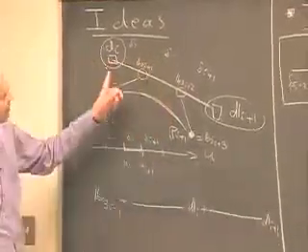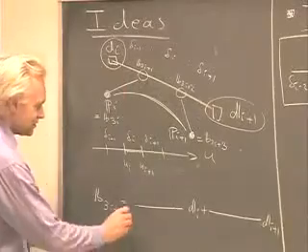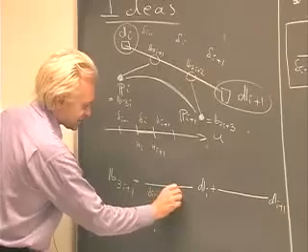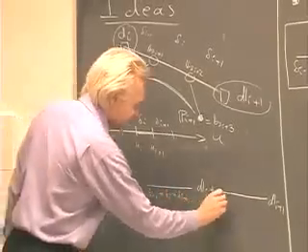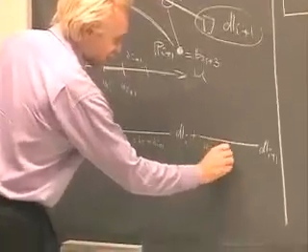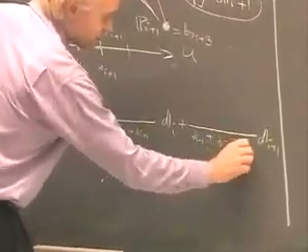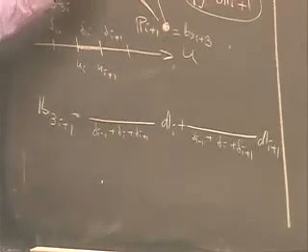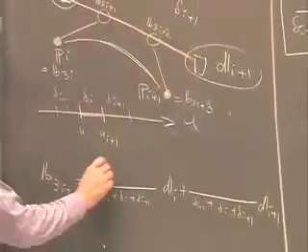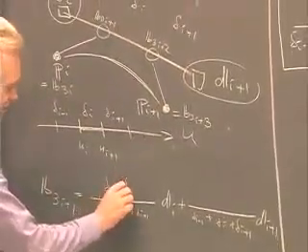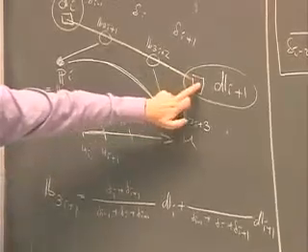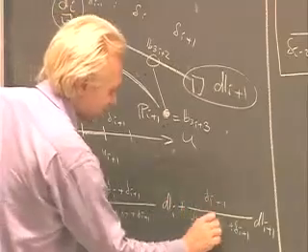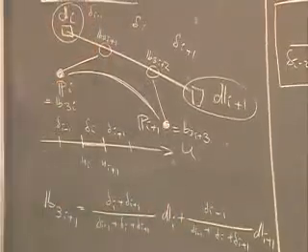What is it? I have to divide by the entire length, and that is delta I minus 1 plus delta I plus delta I plus 1. Here the same, delta I minus 1 plus delta I plus delta I plus 1. And then first point, the left d gets multiplied by the right length, which is delta I plus delta I plus 1. And the right d point gets multiplied by this length, delta I minus 1. So that's this particular interior Bezier point.